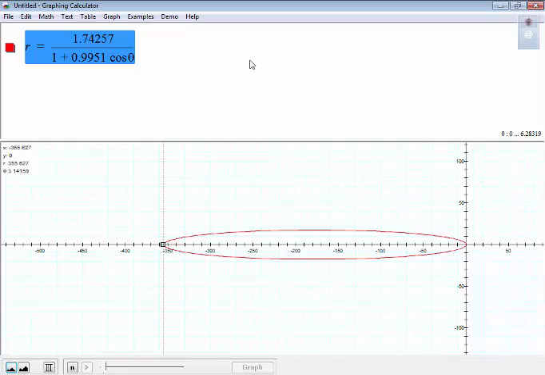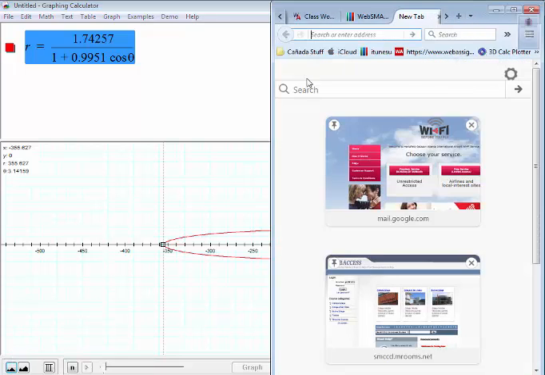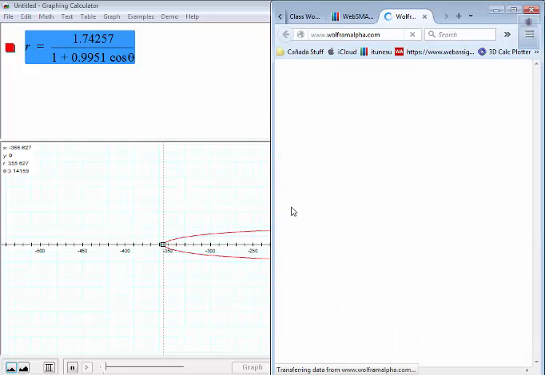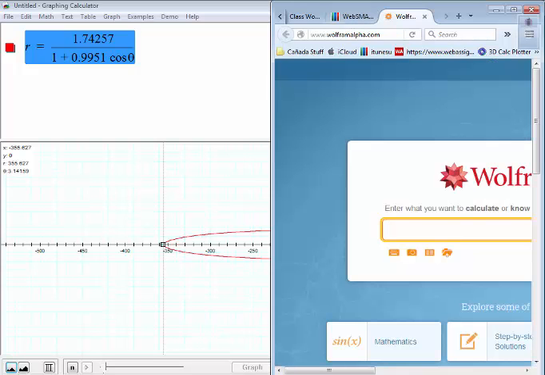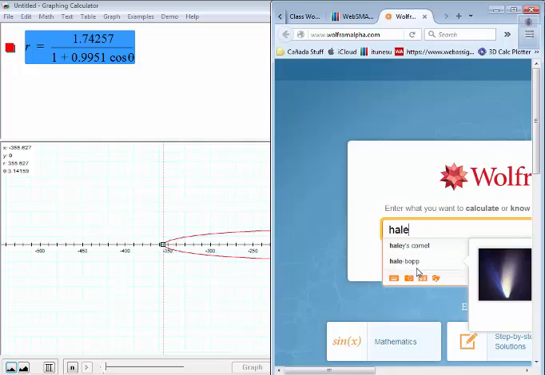So what I'm interested in doing is going into Wolfram Alpha to figure out how long it takes for this thing to revolve around the sun. What's it called again? Hale-Bopp? Hale-Bopp Comet.